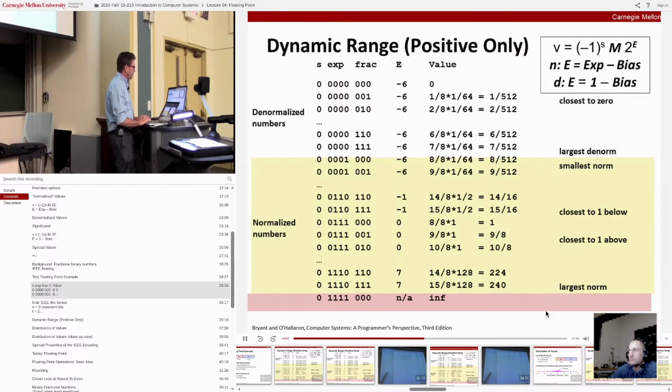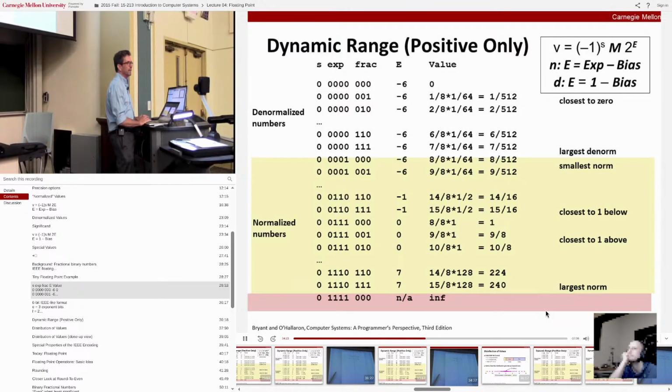And now if we bump our number up by 1, the frac field resets to 0, and the exp field goes from 0 to 1. Now, because the exp field is non-zero, this is no longer a denormalized number. It's a normalized number. So now we're changing the definition of E from 1 minus the bias to exp minus the bias.